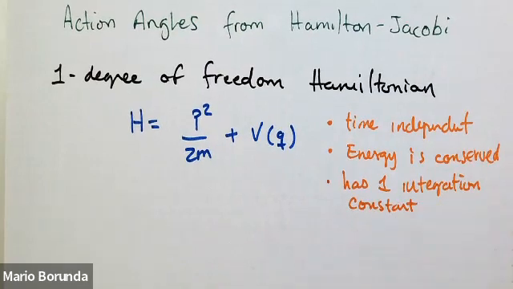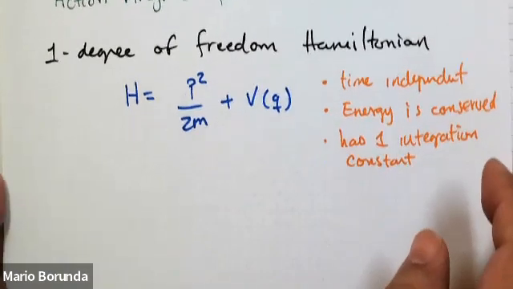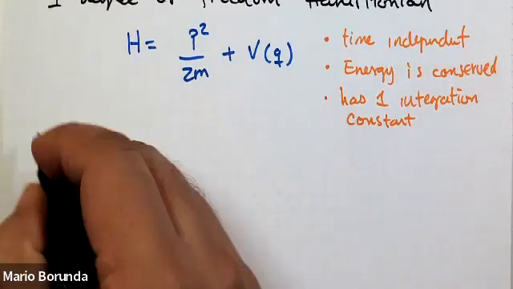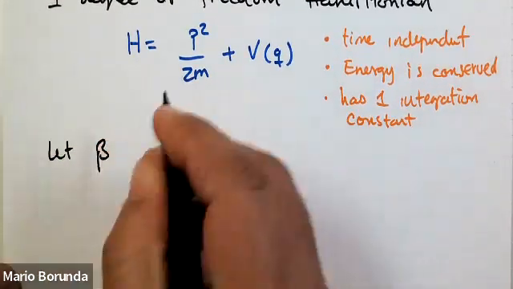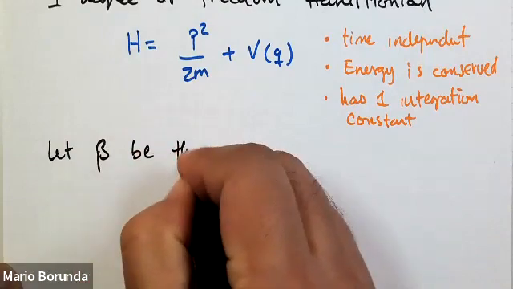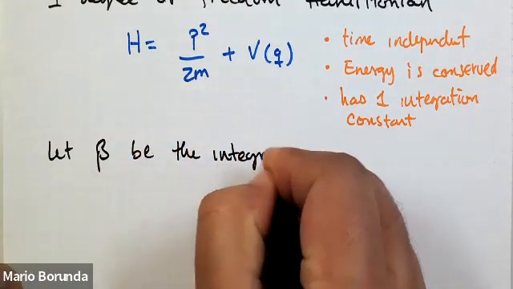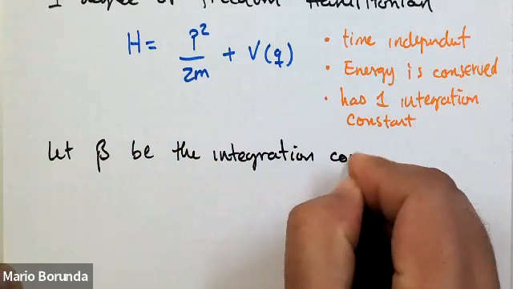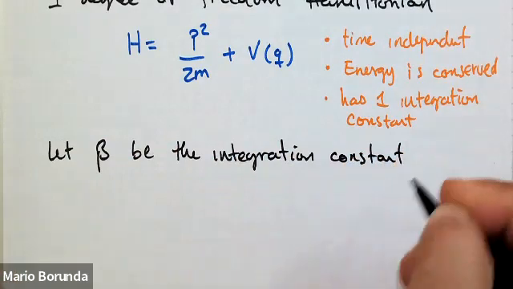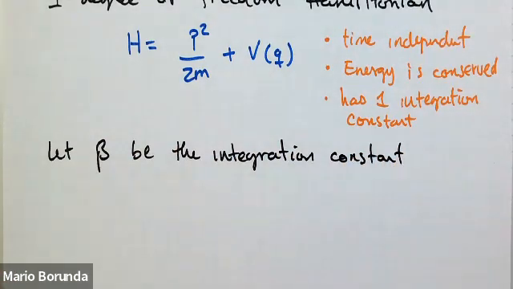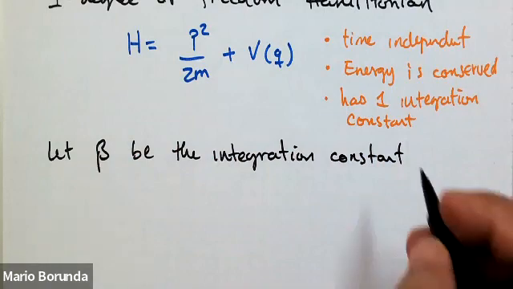If you have 4 degrees of freedom, how many integration constants would you need? 4. All right, so we have these things. Let beta be the integration constant. So this beta, the integration constant, is a function of energy.